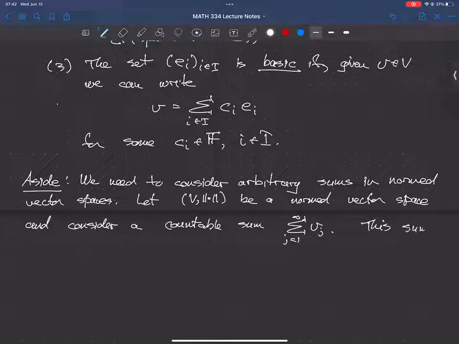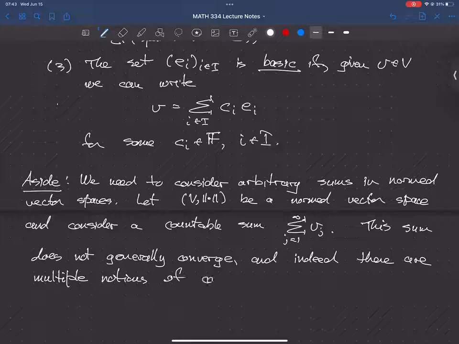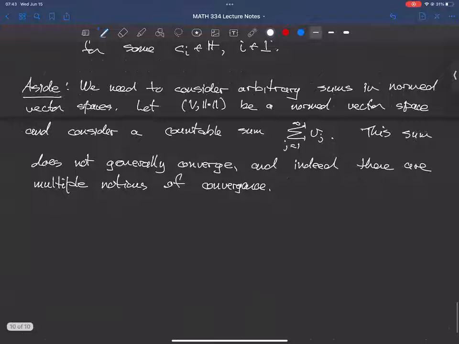So this sum does not generally converge, and indeed there are multiple notions of convergence. Okay, so one.